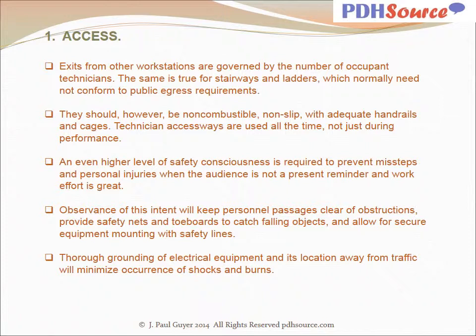Technician access ways are used all the time, not just during performance. An even higher level of safety consciousness is required to prevent missteps and personal injuries when the audience is not a present reminder and work effort is great. Observance of this intent will keep personnel passages clear of obstructions, provide safety nets and toe boards to catch falling objects, and allow for secure equipment mounting with safety lines.